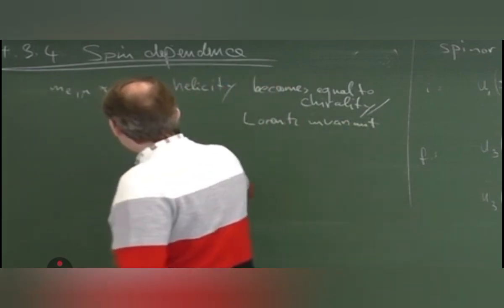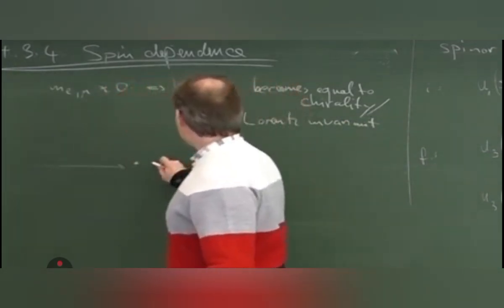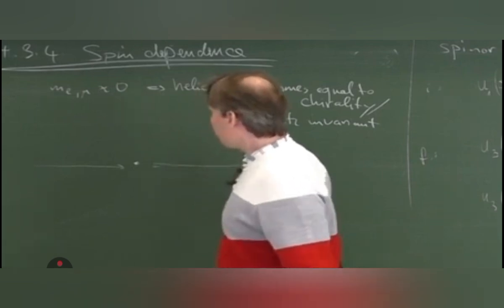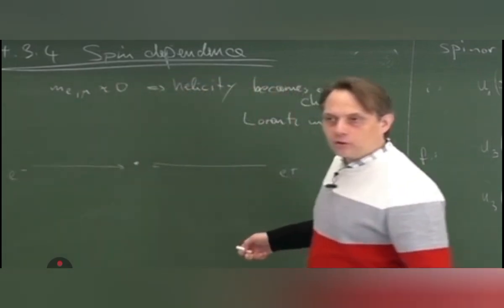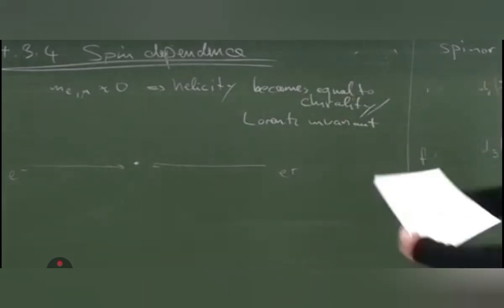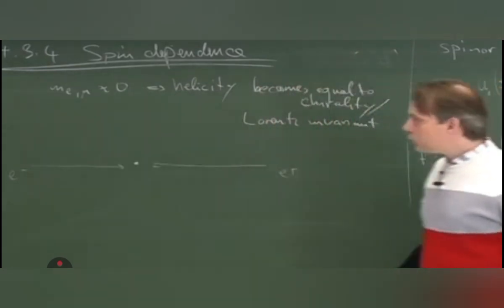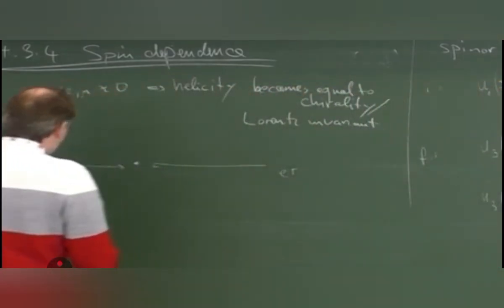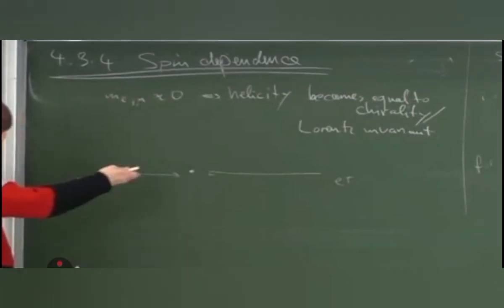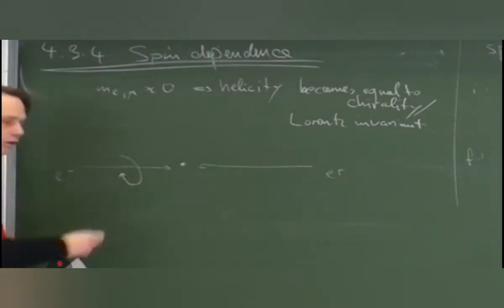Okay, then we can look at the sketch of the process in the center of mass reference frame, where the e+ e- collide head-on into some central collision point. And then they have some helicity, which is equal to chirality. And let us just assume something. Let us start with the initial state electron here to have, for example, that kind of helicity.